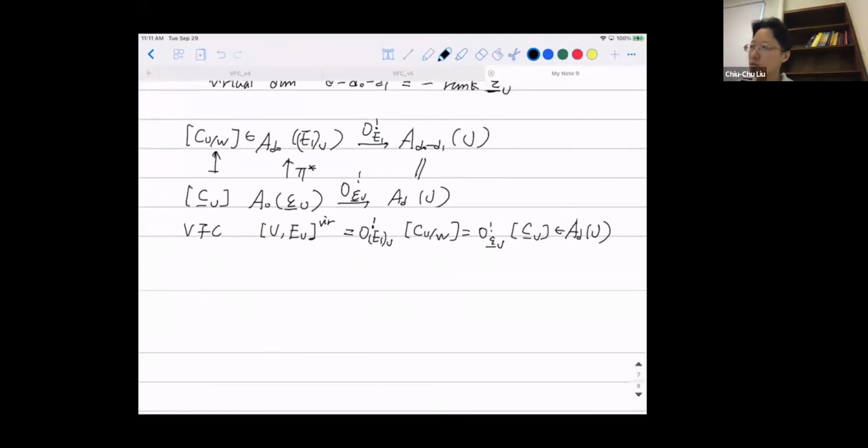Okay, so this is the virtual fundamental class. So how about the virtual structure sheaf? Let's just describe it on this U.